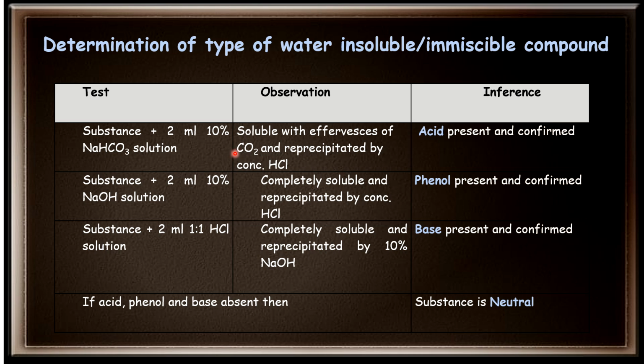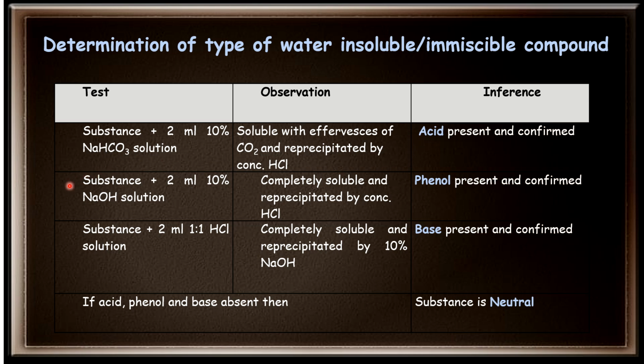After solution formation, if we add 1 to 1 HCl and get a reprecipitate, then acid is present and confirmed. That is, the type of the compound is acid. If the compound gets soluble with effervescence of carbon dioxide, and we get the reprecipitate with concentrated HCl, then the type of the compound is acid.